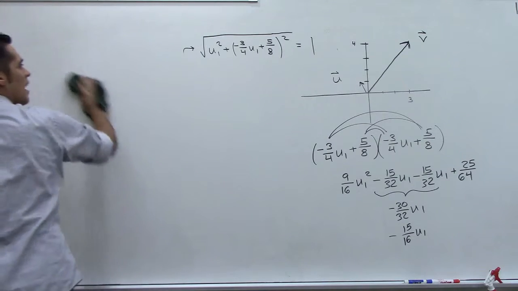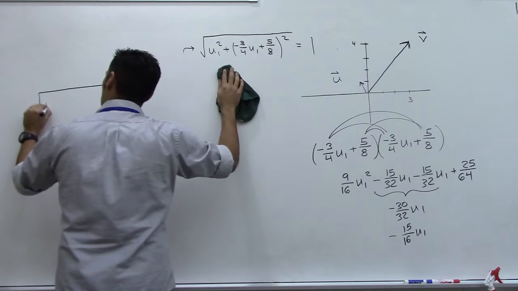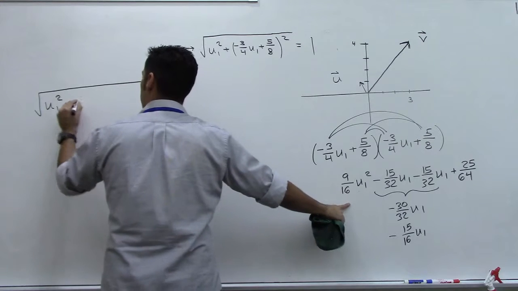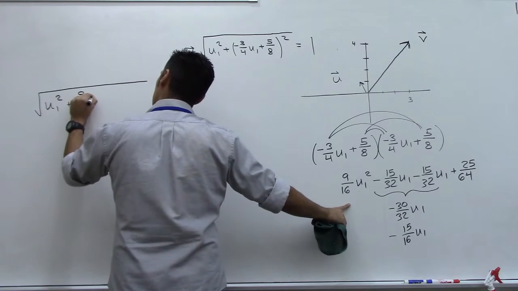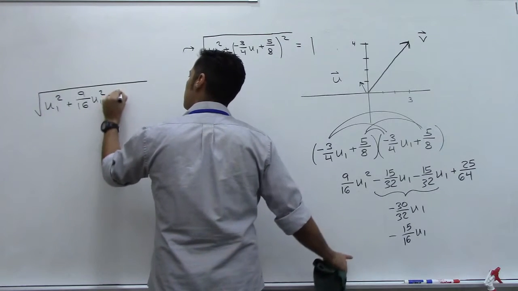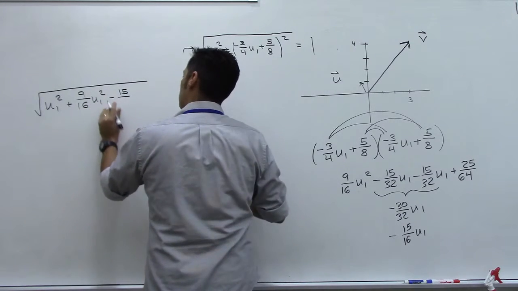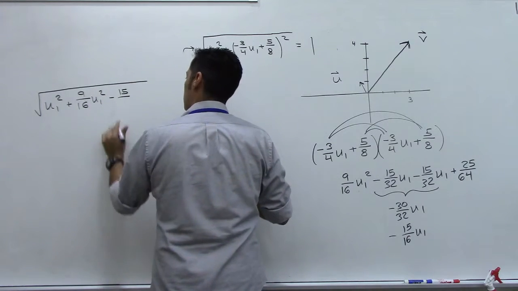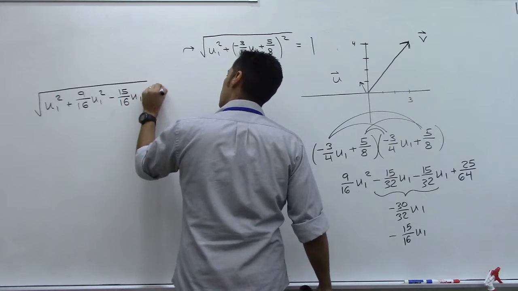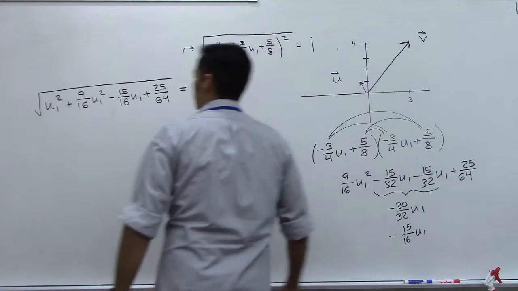Coming back there, I think I can erase this now. We have the square root of u1 squared plus this squared, which we just found to be 9/16 u1 squared minus 15/16 u1 plus 25/64, all under the root, and that must equal 1.